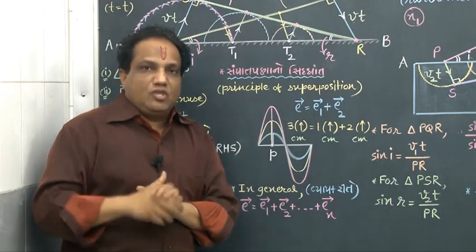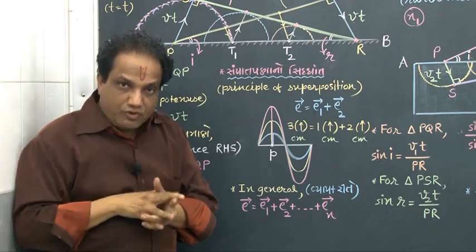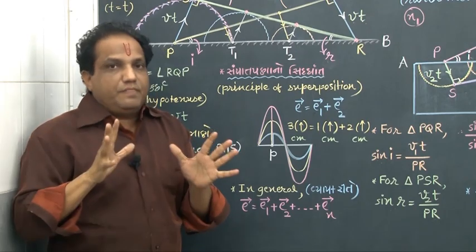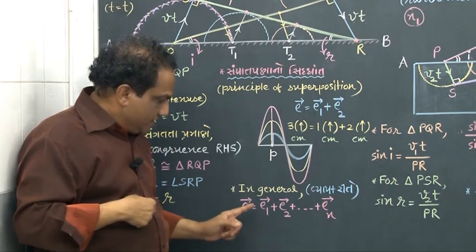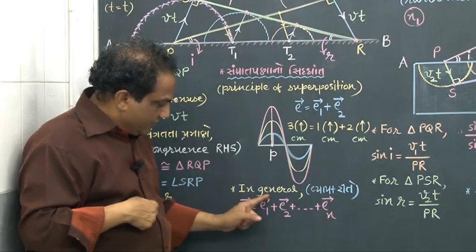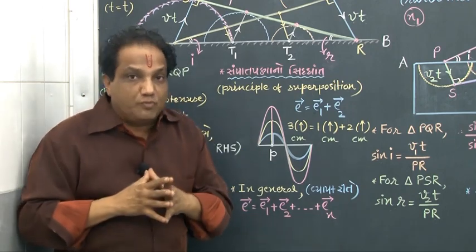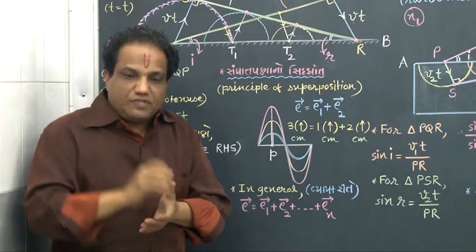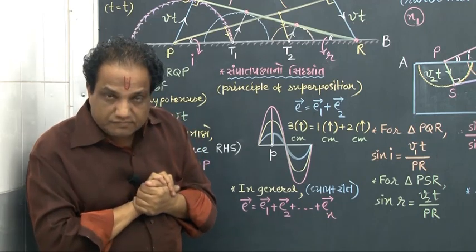I repeat, whenever there is a superposition of two or more than two waves at a given particle of medium simultaneously, then the resultant displacement produced in that particle is just equal to the vector addition of displacements produced by the superposing waves independently. Full stop. This very statement is called the principle of superposition.